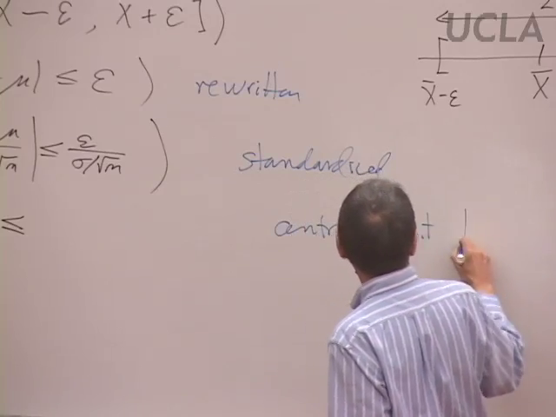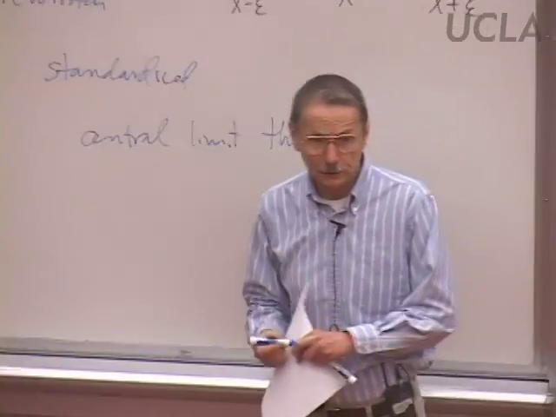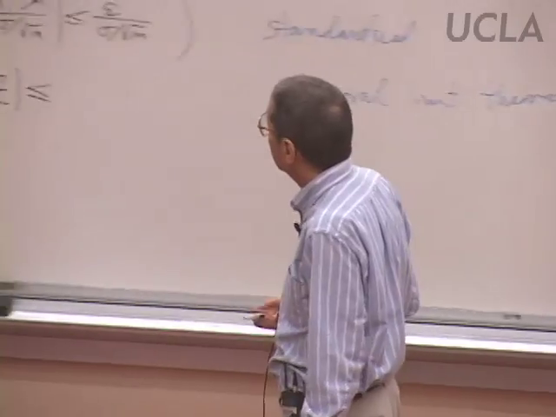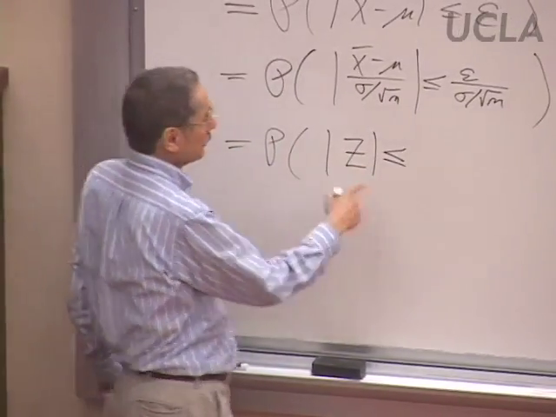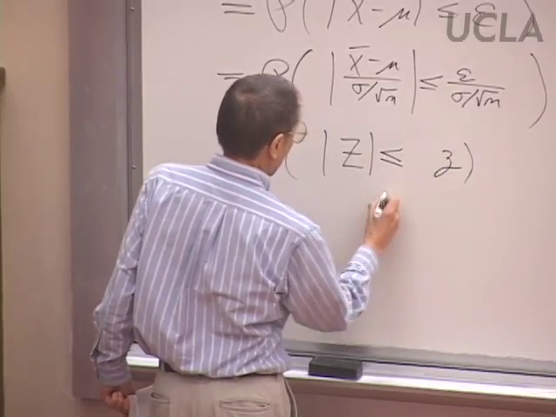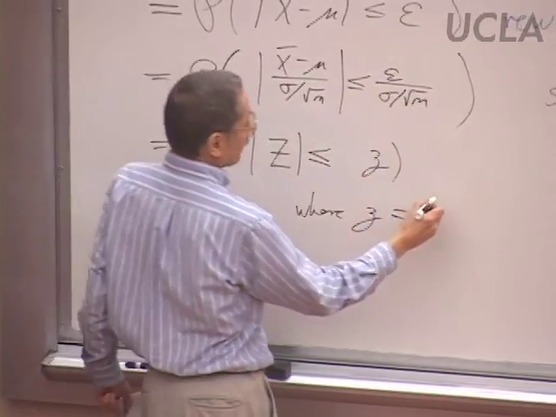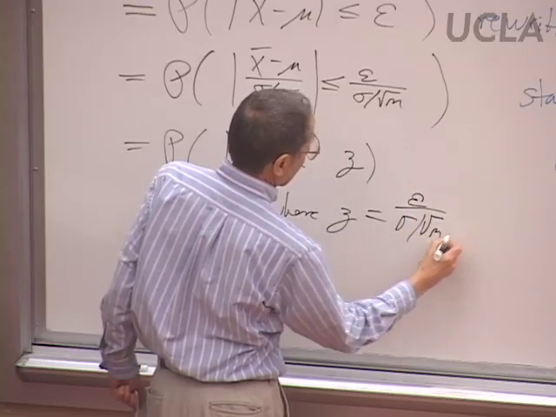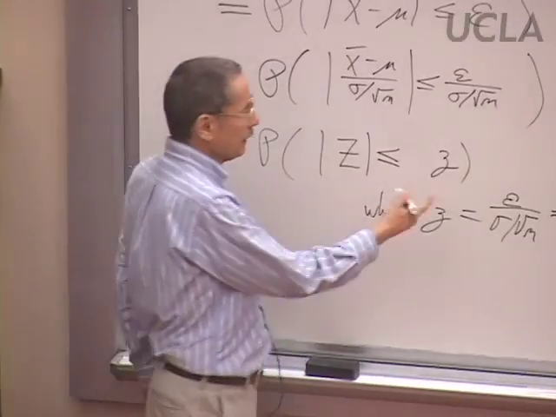And now we apply the central limit theorem. We have the standard normal distribution. The probability that a random variable with a standard normal distribution is less than or equal to some number, call it little z, where little z is, well, it's a compound fraction.